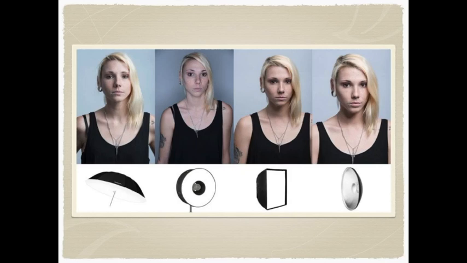Now, if you're using a ring light, it's a pretty small light compared to the umbrella, but with this ring light, you put the camera right in the middle of that ring. Can you see that? The ring light, the camera right in the middle. And if you look at the object, the shadow is actually pretty hard.